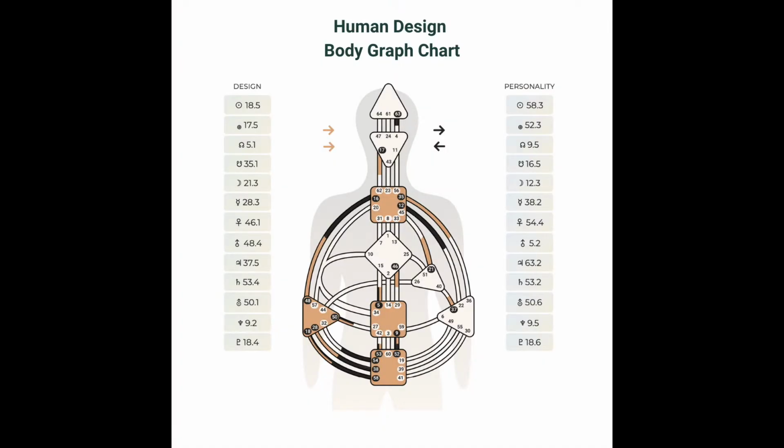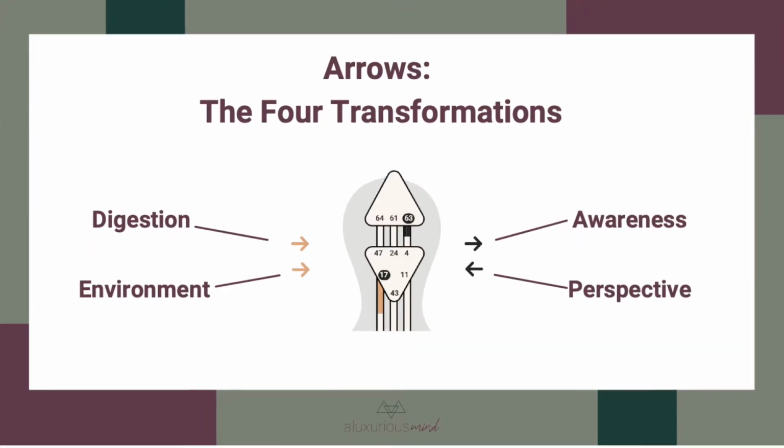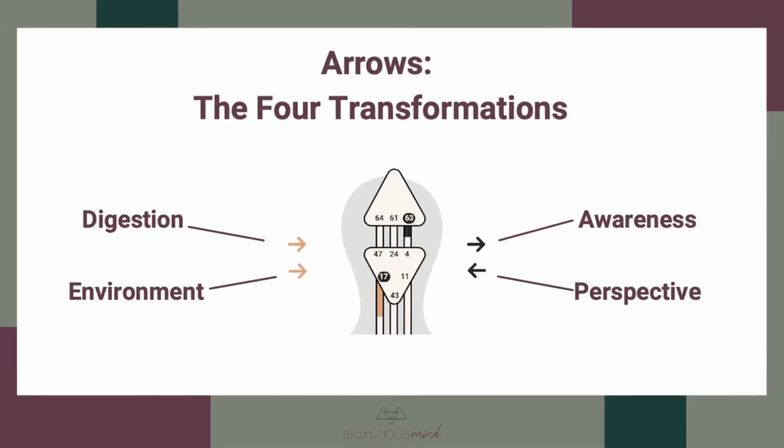If you pull your body graph chart or you look at one online, you're going to see that there's 4 arrows at the top of the body graph chart. Those arrows can point either left or right, each one. And whether it's pointed left or right means something different. So in human design, they represent what's called the 4 transformations. The first transformation is digestion. The second is environment.